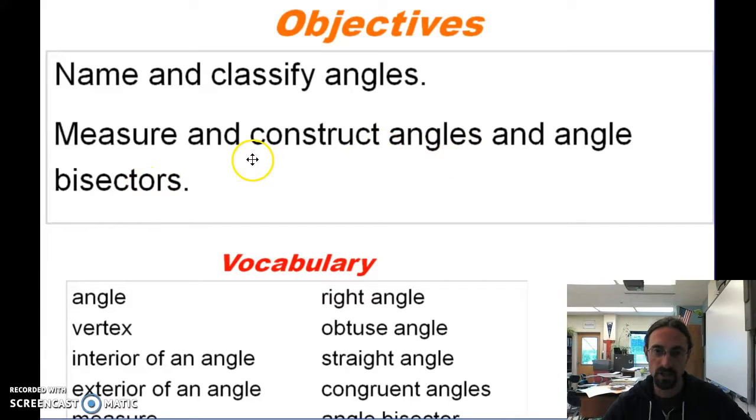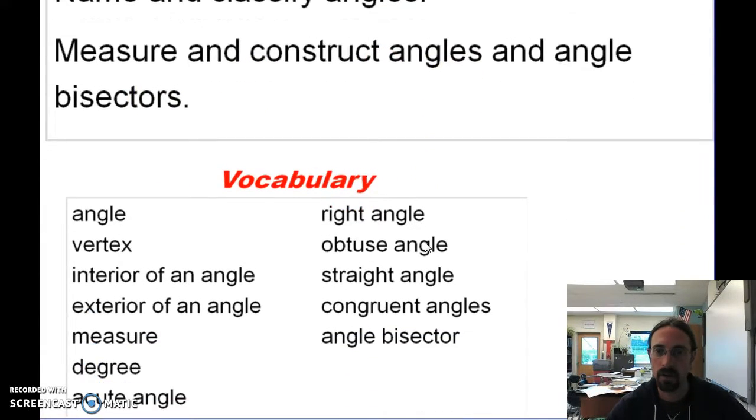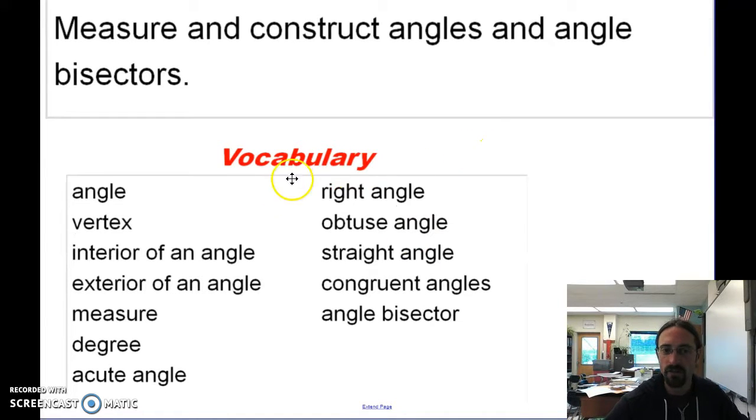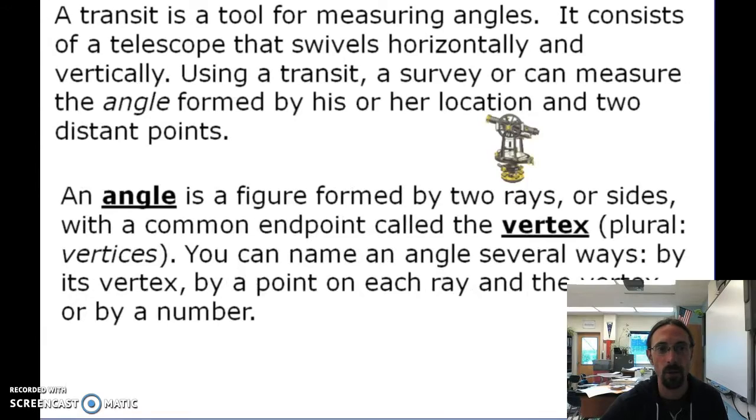This part we're definitely going to do in person, but this other stuff we can talk about over the computer. Vocabulary, as we go through, if you don't have your vocabulary terms already written into your notes, you want to get these in here. We're going to be talking about all of these terms, from angles to congruent angles and angle bisectors. But otherwise, sit back, relax, take some notes, and here we go.